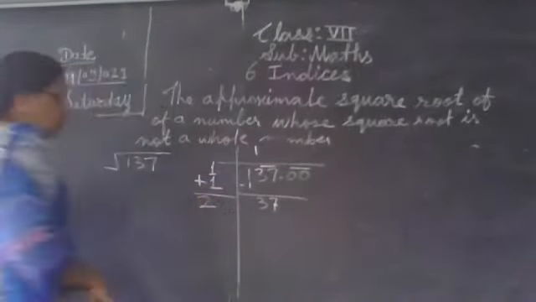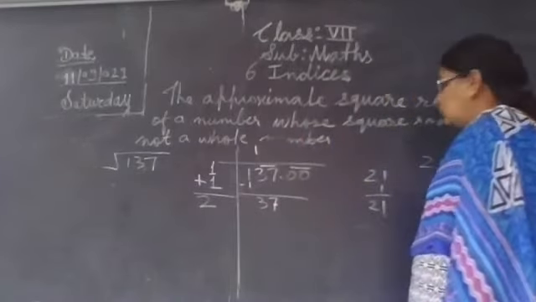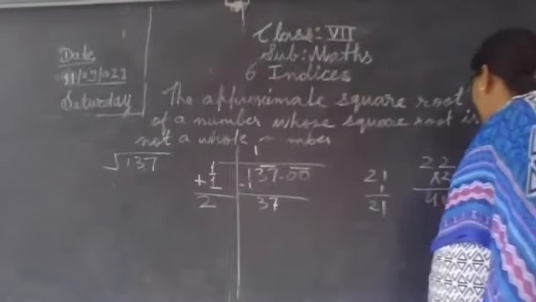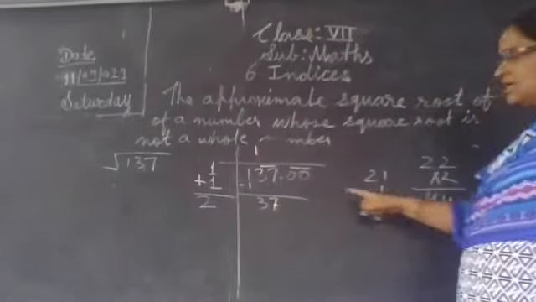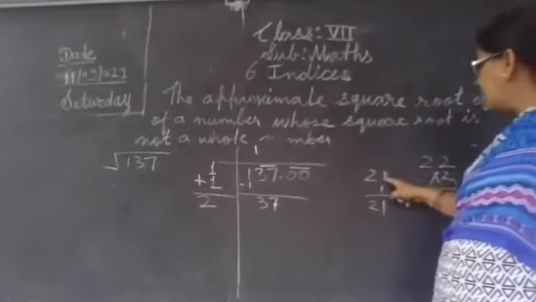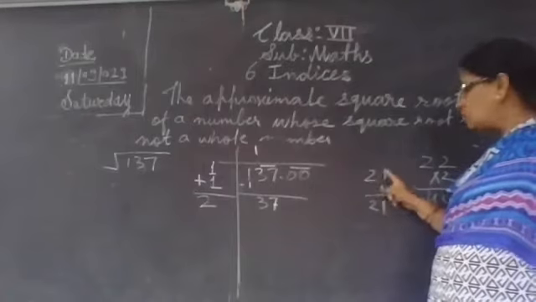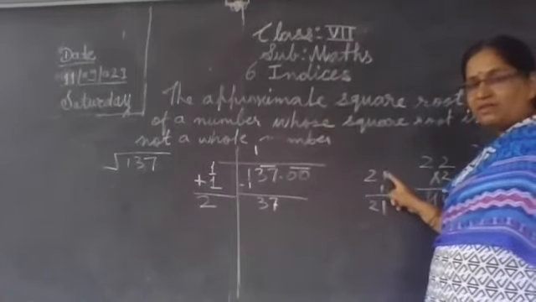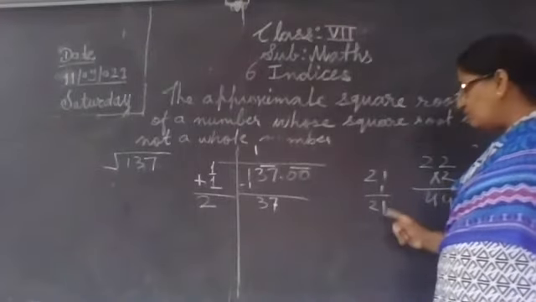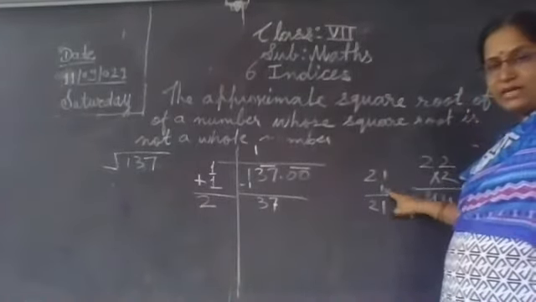So here, 21 times 1 is 21. If you write 2 and multiply it by 2, it is 44, which is greater than this number. 44 is greater than this number. So what to do? We will write 1 beside the 2 and multiply by 1.